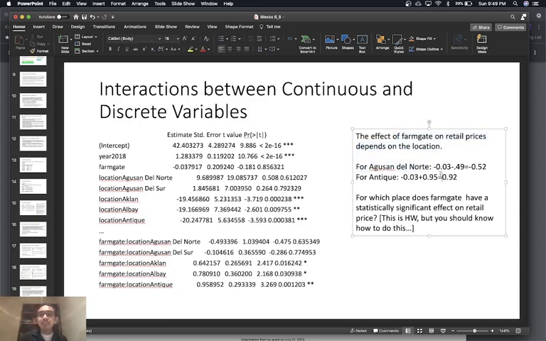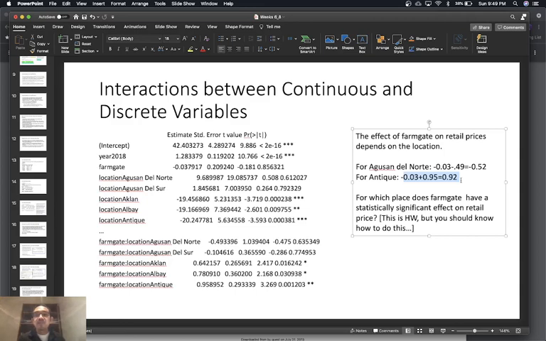For Agusan del Norte, it's negative 0.03 minus 0.49 because of this, which is minus 0.52. For Antique, it's negative 0.03 plus 0.95, which is 0.92. So in one place it's negative and in one place it's positive.